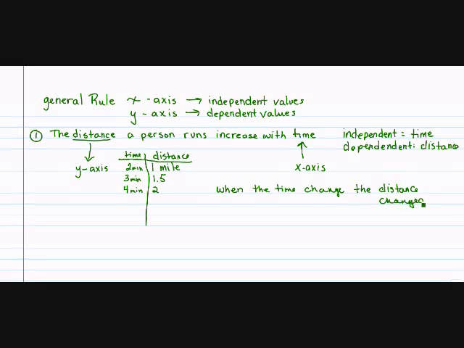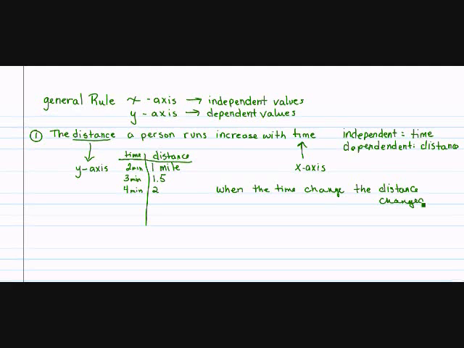And that's why we say the distance you go depends on the amount of time you go. And that's why distance is dependent upon your time, just like you depend on your parents, okay? Or just like you depend on your job.